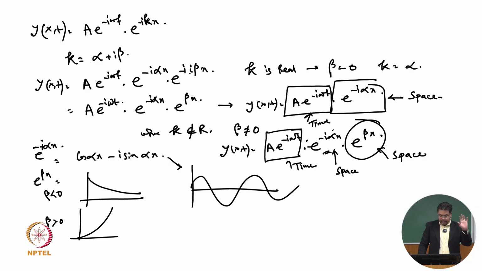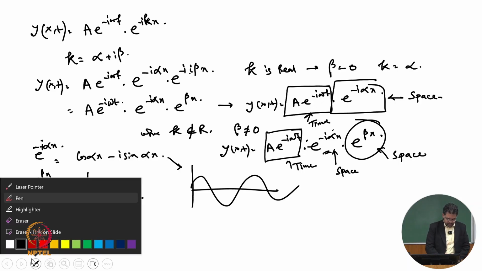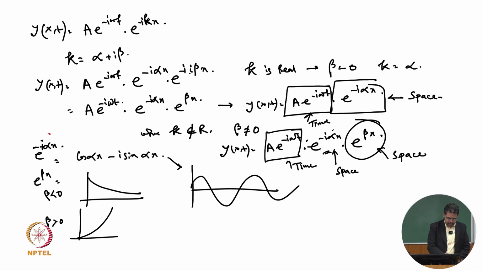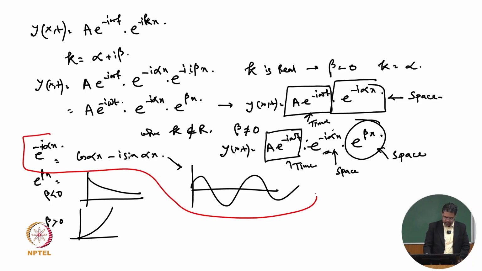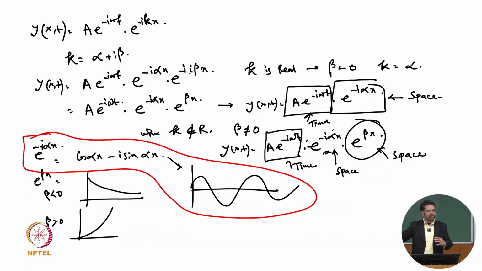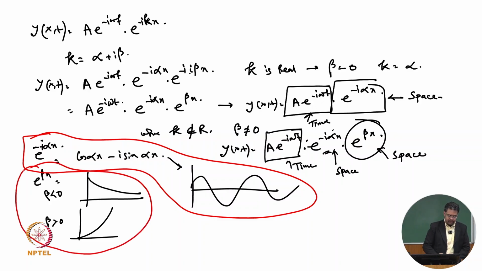Now think, what is the significance it is telling? So now we understood that one portion, this part is primarily a sinusoidally varying, very nicely periodic type of motion, and this part is demonstrating either a growth or a decay scenario.